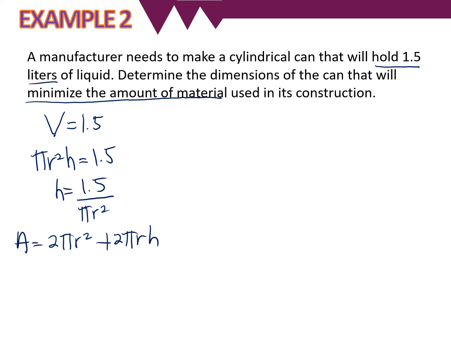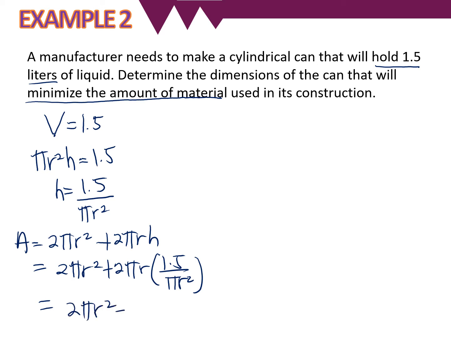So we must substitute h here since we want to have one variable only. So 2 pi r squared plus 2 pi r times 1.5 over pi r squared. So we simplify, we will have 2 pi r squared plus 3 over r.